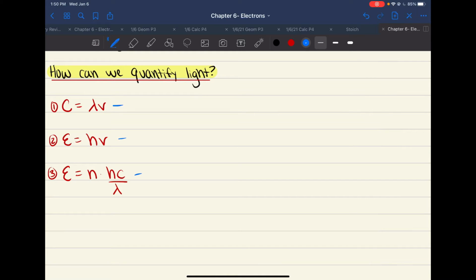So as we discussed, the thing that is similar between equation 1 and 2 is frequency, which is v. If we set both of these equations equal to v, we rearrange them into v is equal to c over lambda and v is equal to E over h.